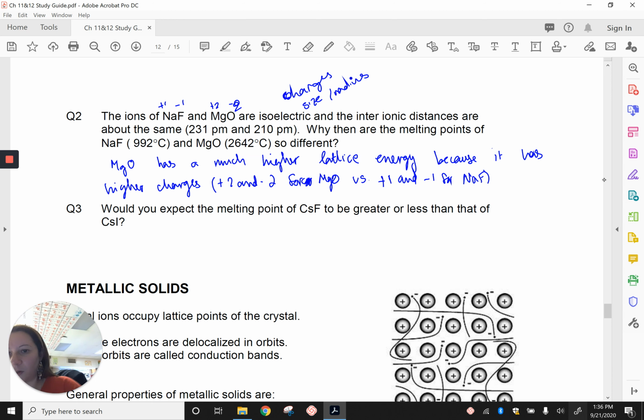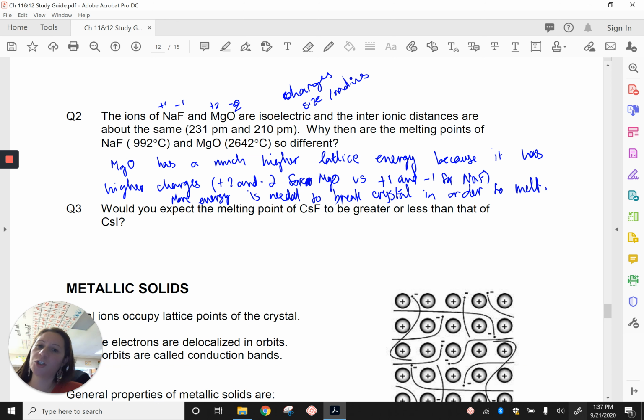And so more energy is needed to break the crystal in order to melt. And so MgO melts at a much higher temperature.